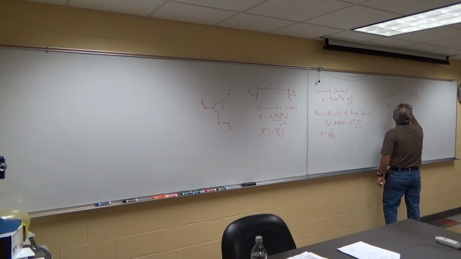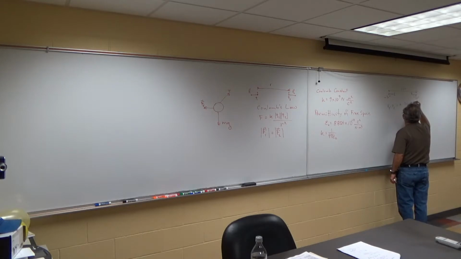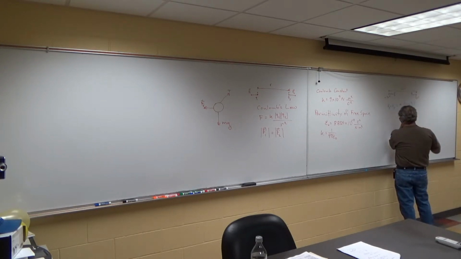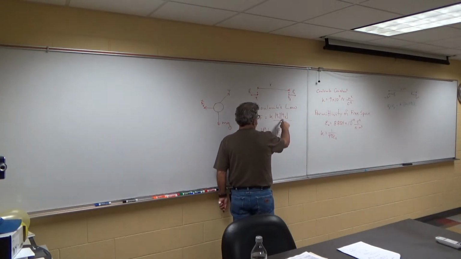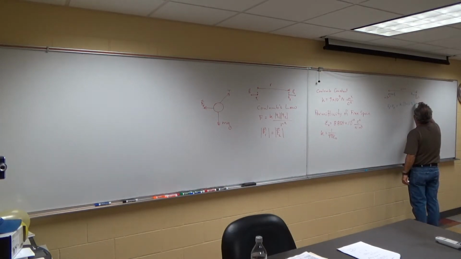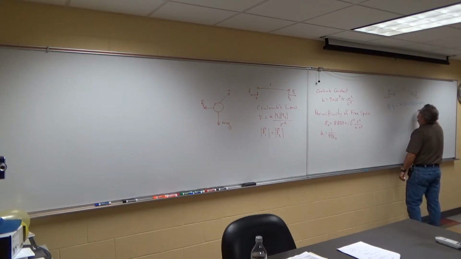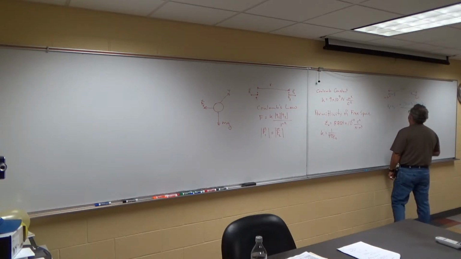So this is equal to K times 3 times 10 to the negative 6. That's micro. I'm going to ignore this negative because I'm just looking at the magnitude, taking the absolute value. And then 5 times 10 to the negative 6 coulombs divided by 0.5 meters, quantity squared.